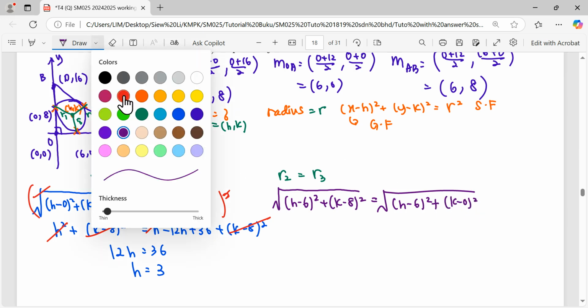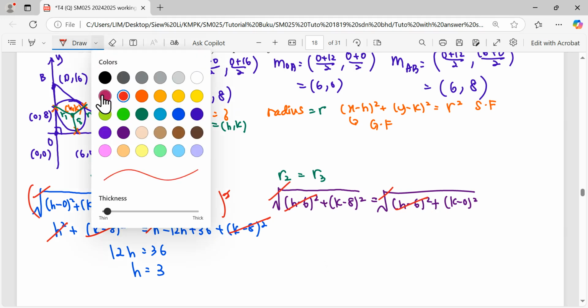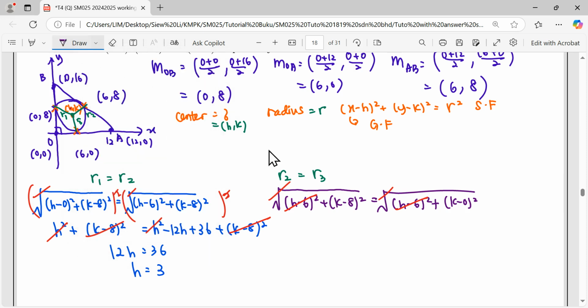We start to simplify, eliminating the square root by squaring both sides, and you see the remaining terms: here we have (h minus 6) squared, and here also (h minus 6) squared. So it is the same term, and we can eliminate it. Remaining here is k squared, expand this, minus 16k plus 64.